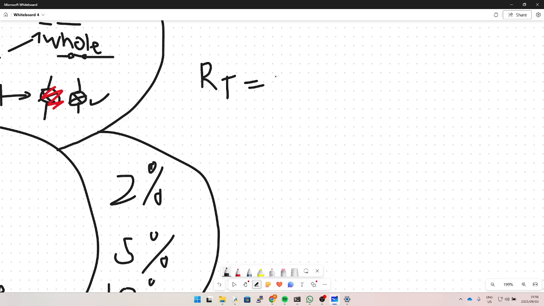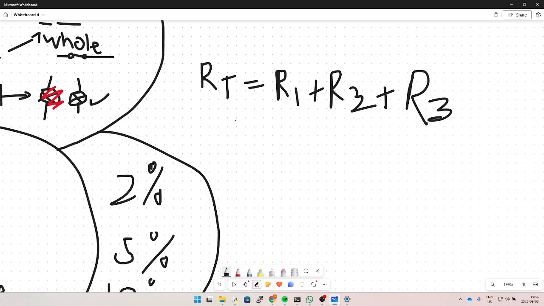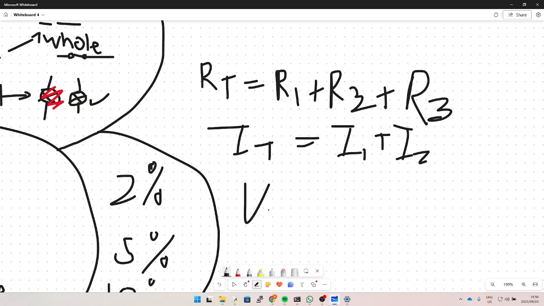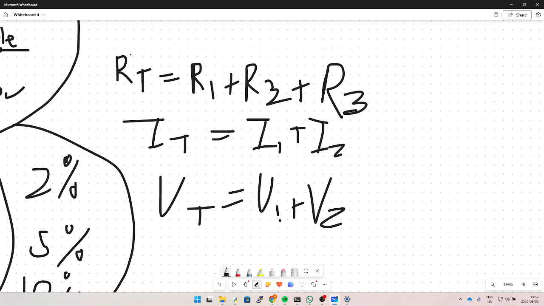Your total resistance is equal to R1 plus R2 plus R3. Simple stuff. Your current stays the same no matter where you take it from, and your voltage you just add up like the resistors. Simple stuff.